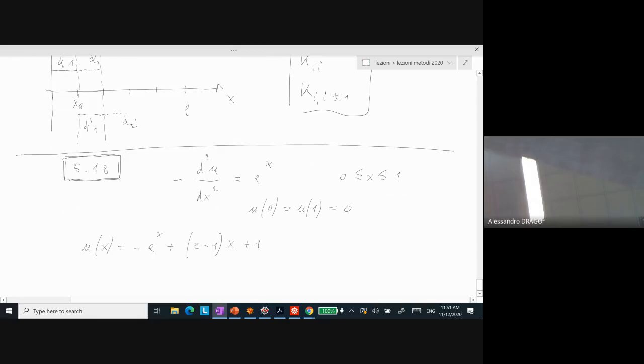Okay, so this is the exact solution. Now we try to see how to solve this problem using the technique that we have outlined.